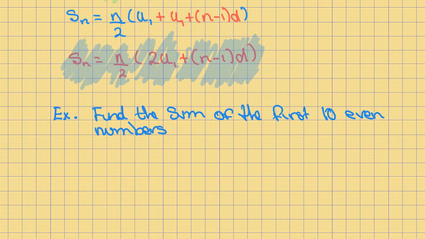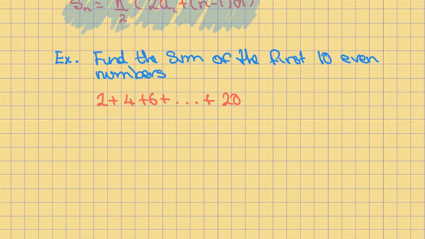Example, find the sum of the first 10 even numbers. The first 10 even numbers are 2 plus 4 plus 6 plus all the way up to 20. We could use either formula to find the sum of these first 10 even numbers. We're going to use both.